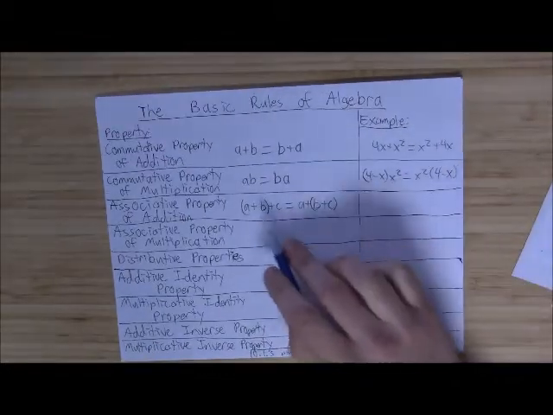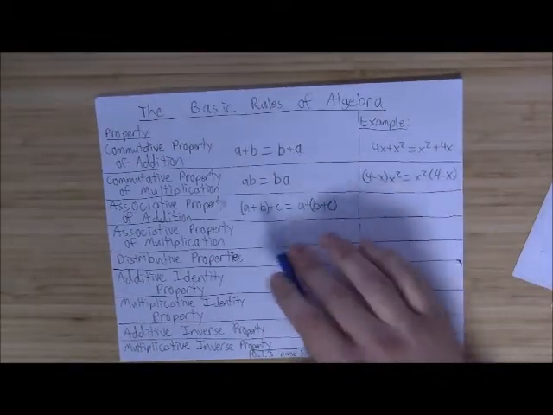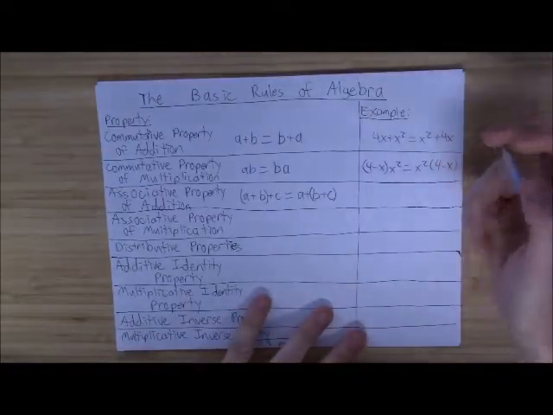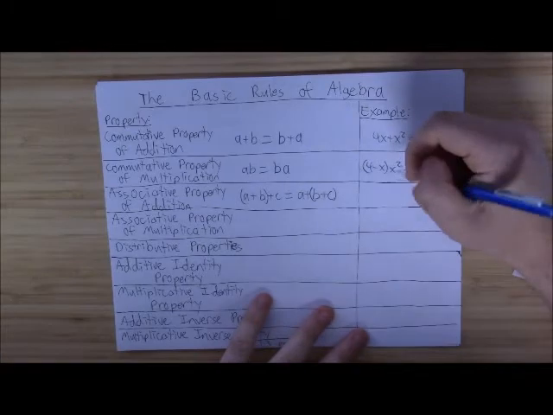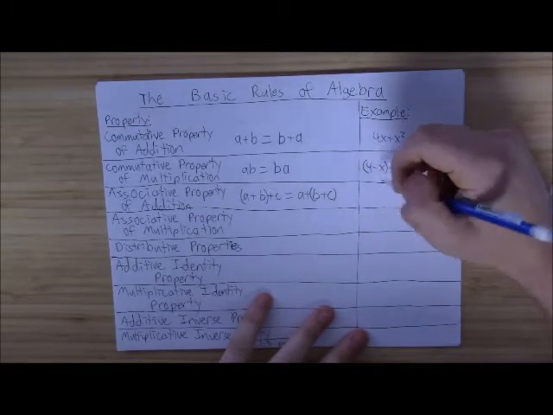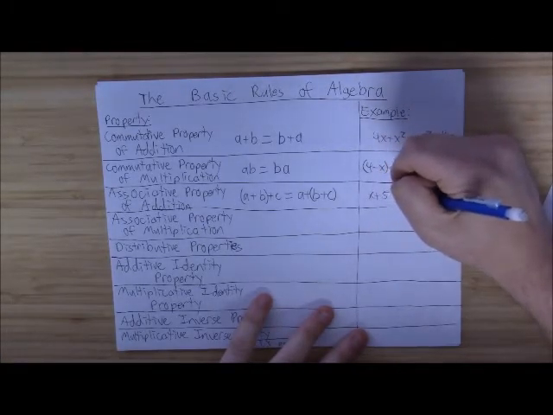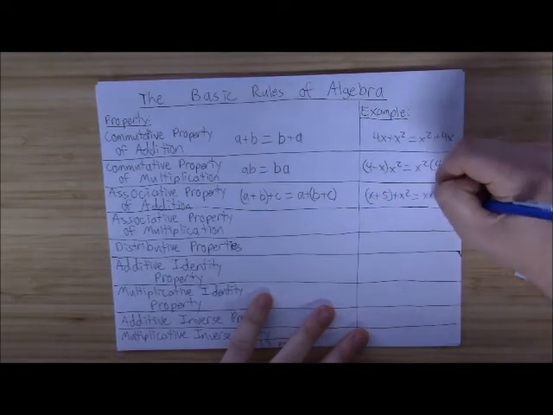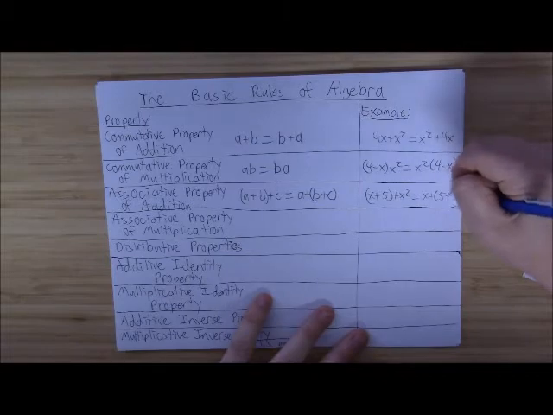And so essentially this says that if you add 3 numbers up, it doesn't matter what order you add them in. For example, we could write (x plus 5) plus x squared, or we could write x plus (5 plus x squared).